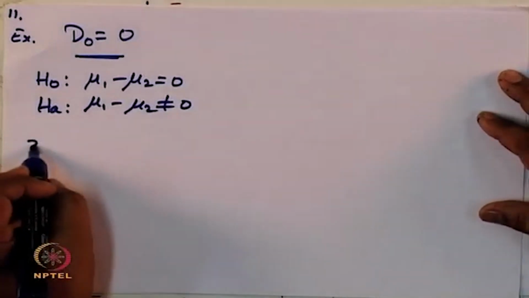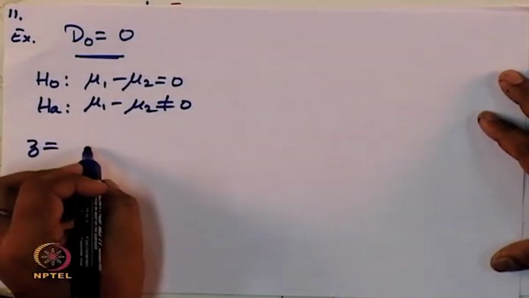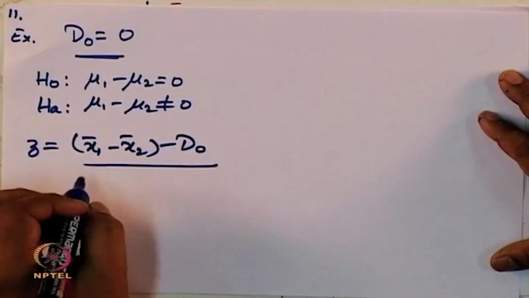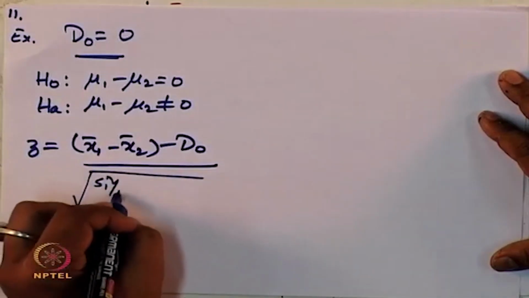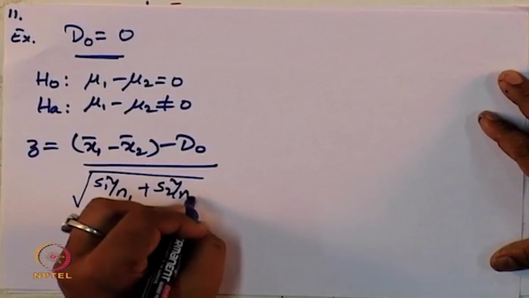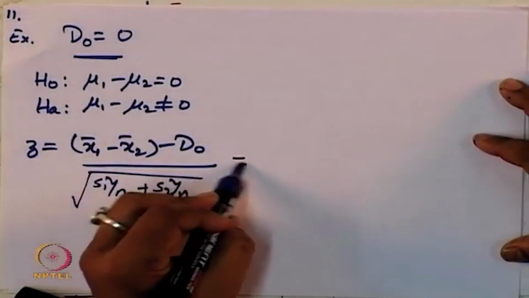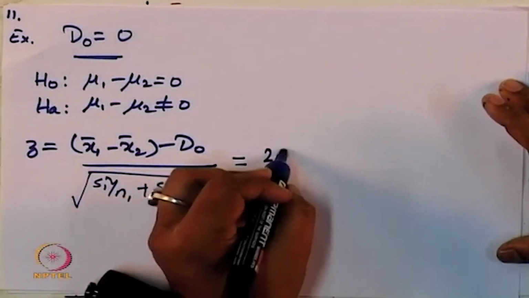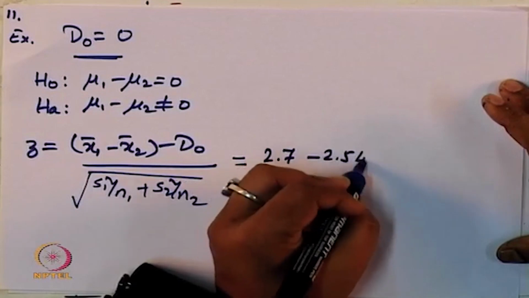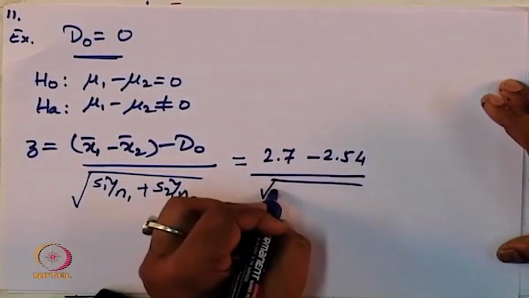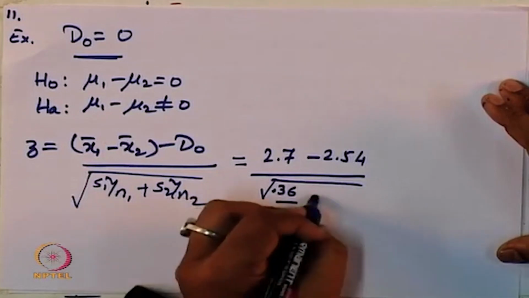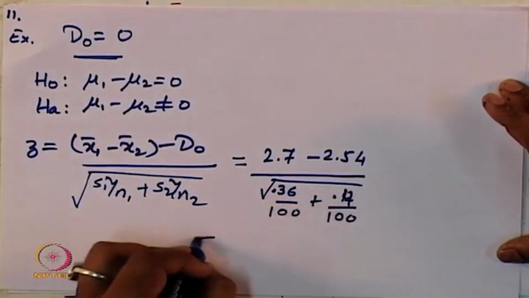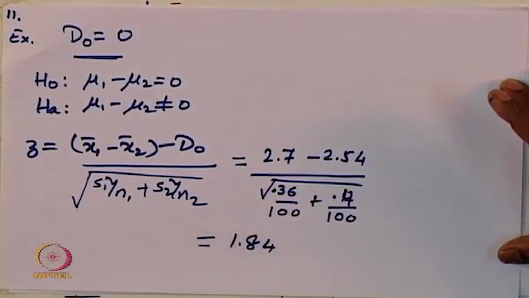So, in the general case, z, the test statistic, has to be defined as follows. Since for this particular case our d naught is 0, we can simply put in these values, and you get a value for the test statistic as 1.84.